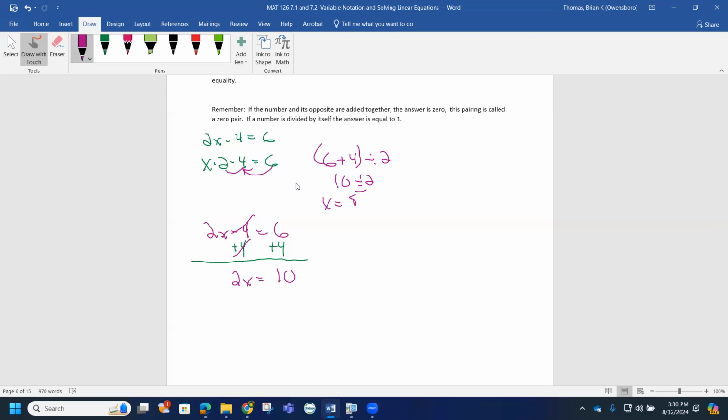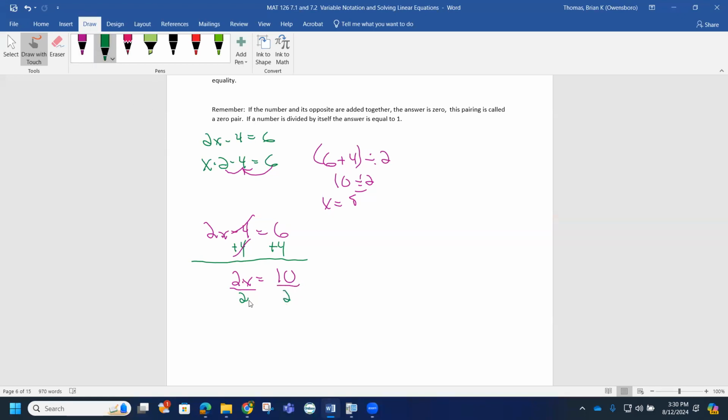But if you want to keep on going, if you divide a number by itself, it has to equal 1. So notice how, since this is multiplication, I want to make this 2 turn into a 1. So if I divide that 2 by itself, and if I divide this 10 also by that 2, that's the property of equality going on.